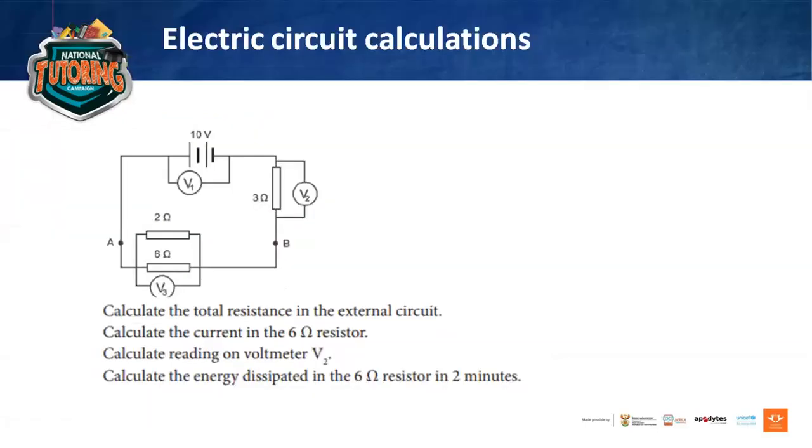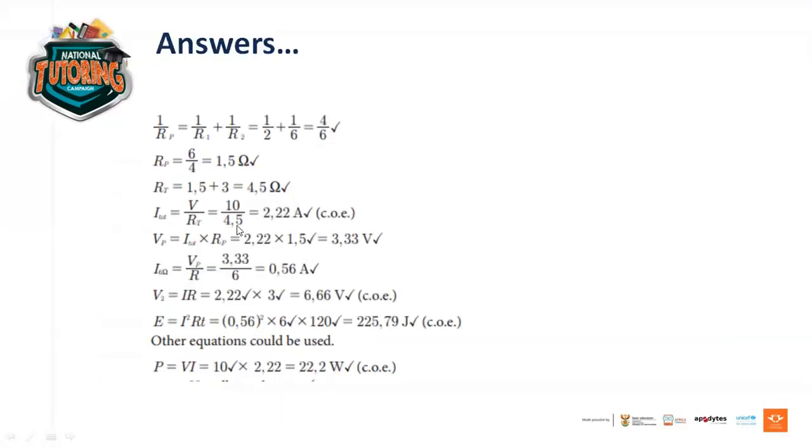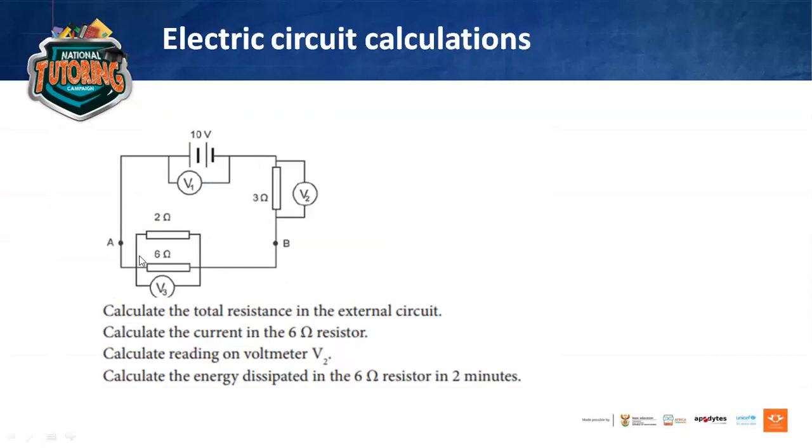And after that, the current in the 6 ohms resistor, which is this one. So the I total there is going to be V divided by R total. 10 divided by 4.5 is equal to 2.22 amps, okay? And then you come to the parallel branch, which is the V3 here.